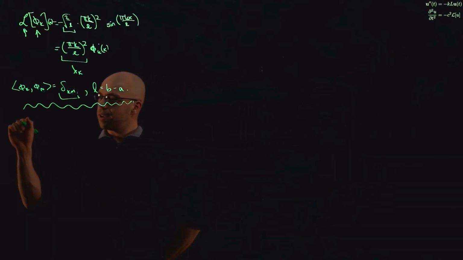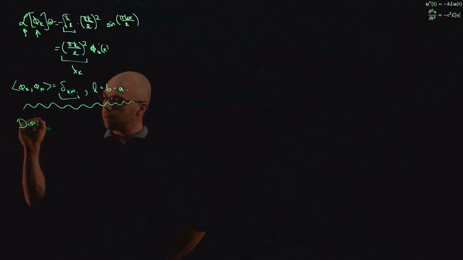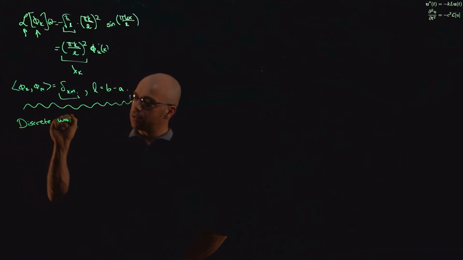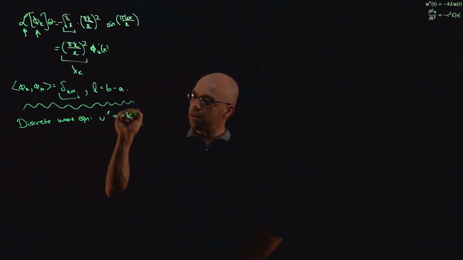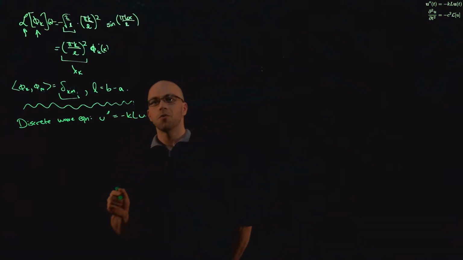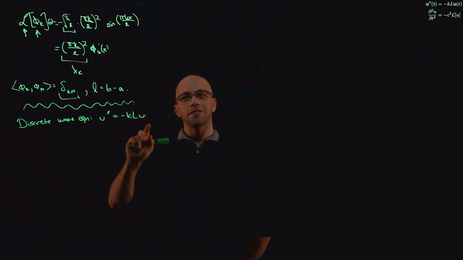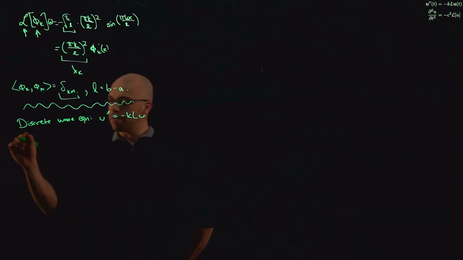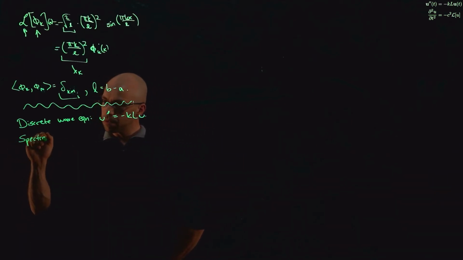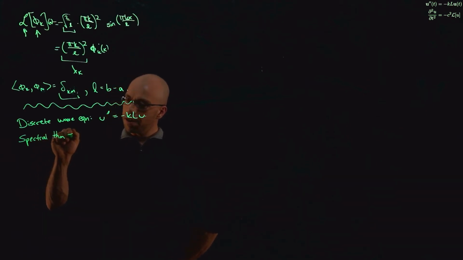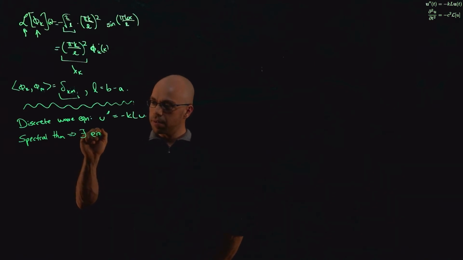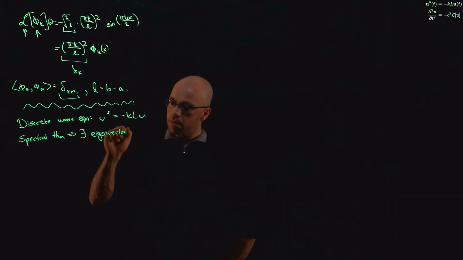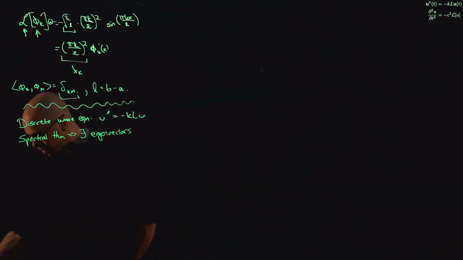Okay, so again, this is the discrete wave equation, which I can write as u double prime equals minus k L u. Now, we've shown that L is a symmetric positive semi-definite matrix. So, by the spectral theorem, what do we know? Well, we know that there exist eigenvectors, and we'll call these, I don't know, what do I want to call my eigenvectors?